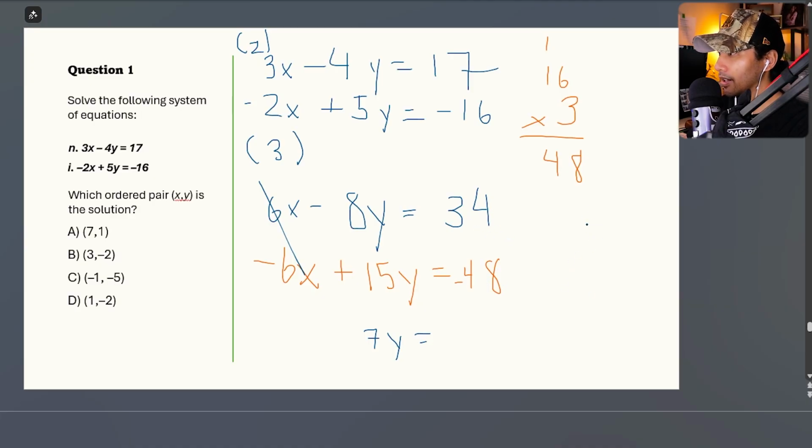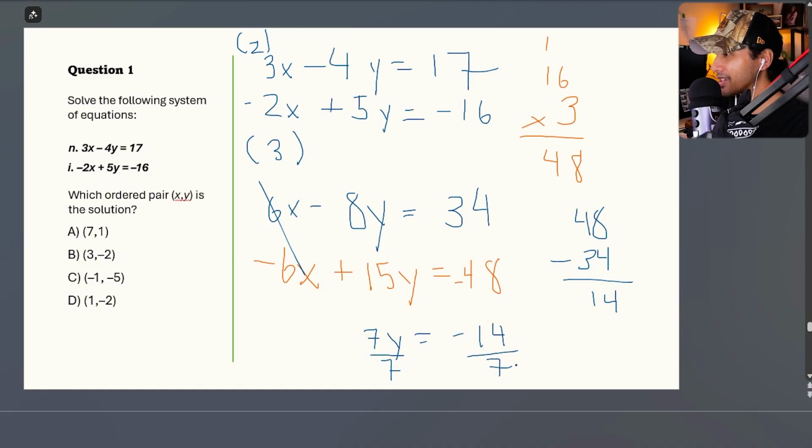That's negative 14. And then we divide by 7. We get y equaling negative 2. That's one of the solutions for the ordered pair. So if we look at our answer choices here, right?